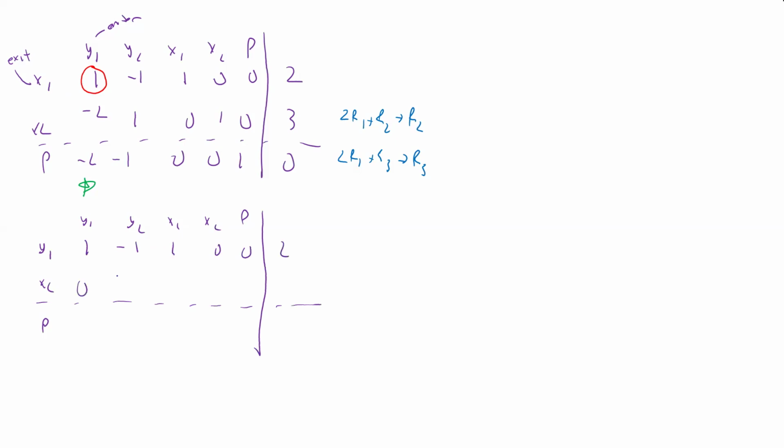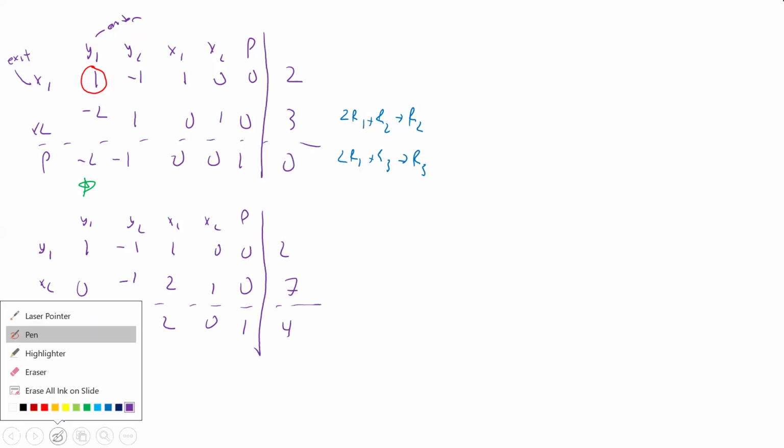Then 2 times that, it's going to be minus 2 plus that, minus 1. And then that's going to be a 2, and that's going to be a 1, that's going to be a 0, and that's going to be a 7. And same thing here, we're going to add those. We get 0, minus 3, 2, 0, 1, and then add that, it should be a 4.